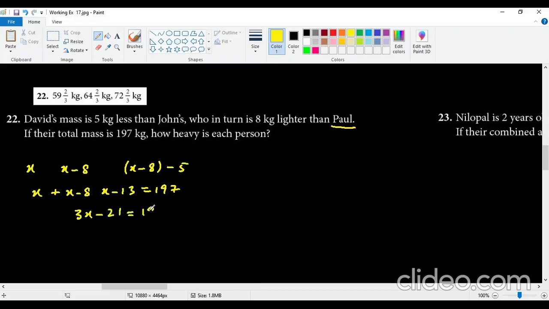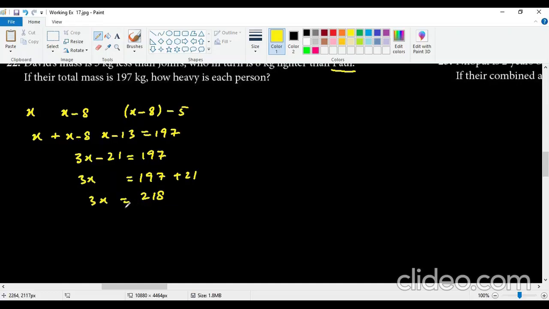In here 3x minus 21 will go to the other side and make it 218. Now when 218 is divided by 3, it's going to give us 72.67.